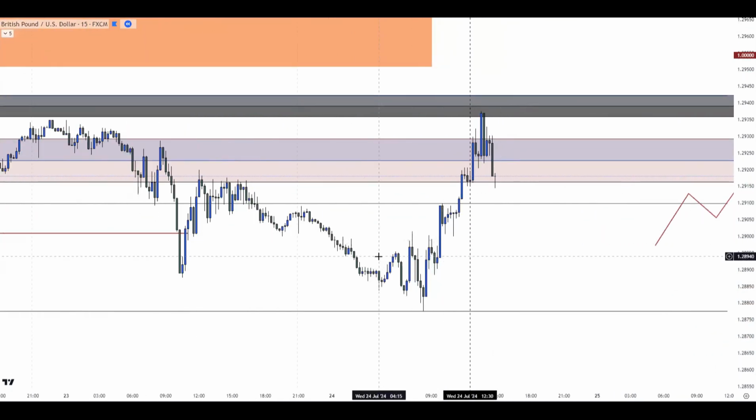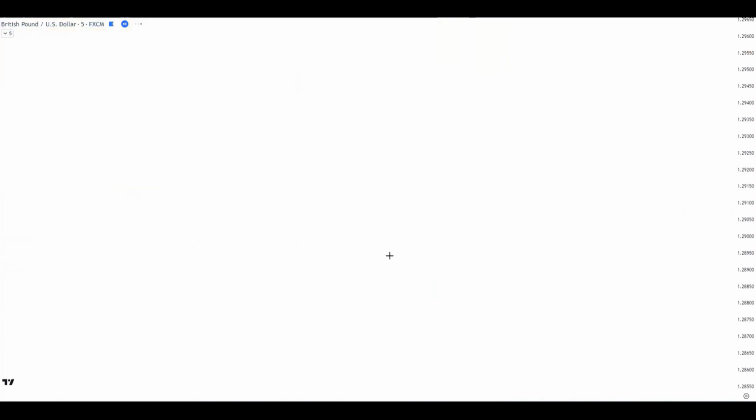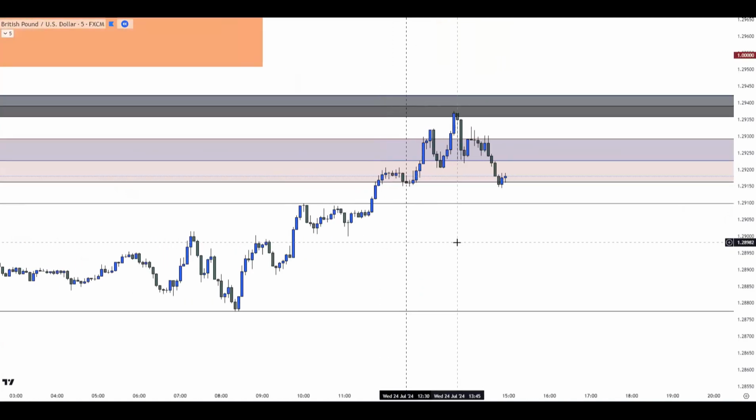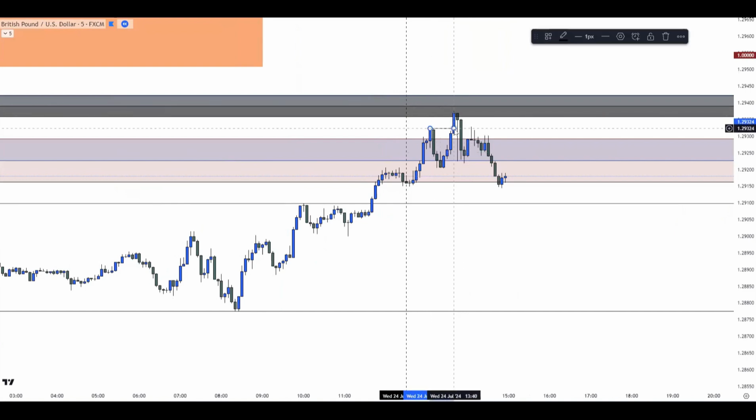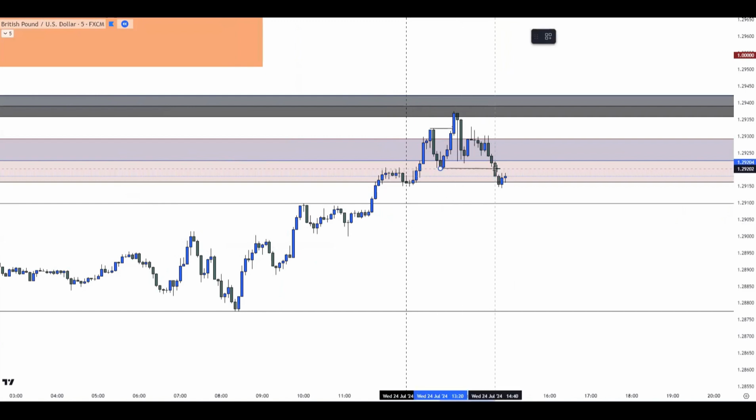So you see price came all the way up here. So let's go to our 5 minute time frame. Very clearly, on a 5 minute time frame, we see price making a top first, but then we had our liquidity here and also our market structure right below there.